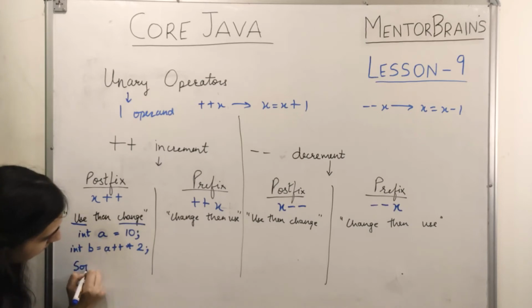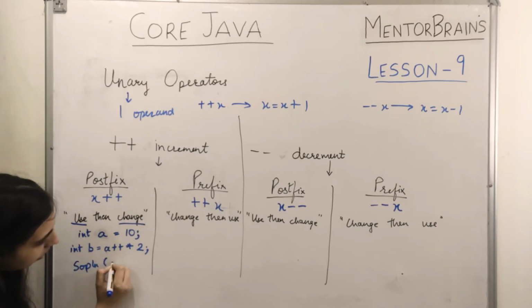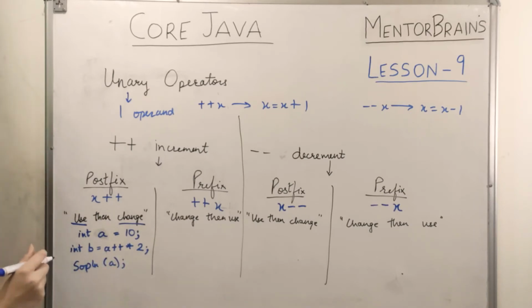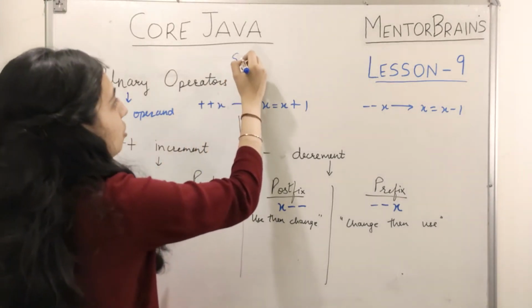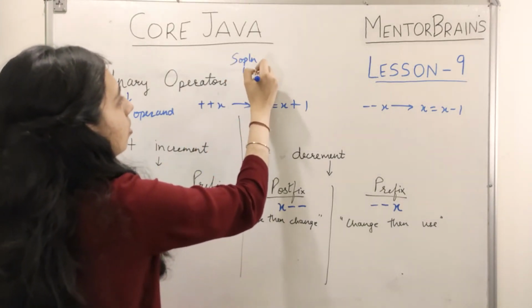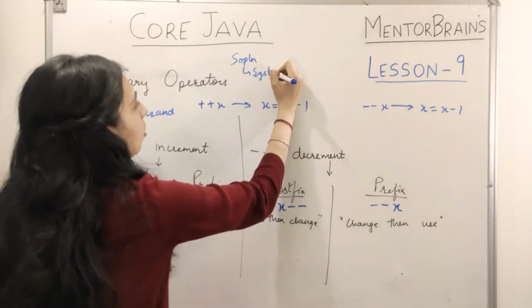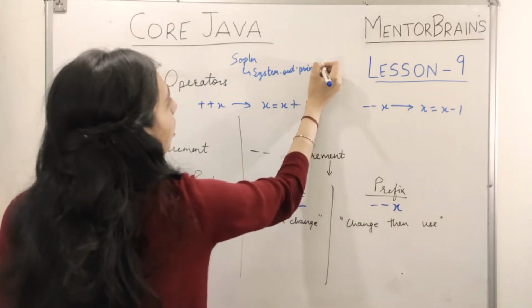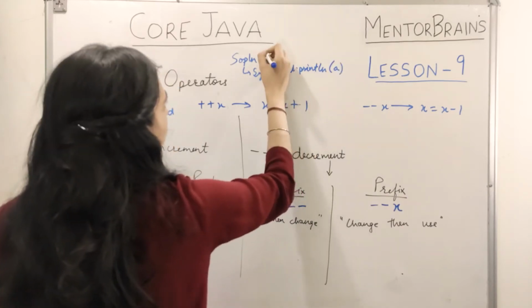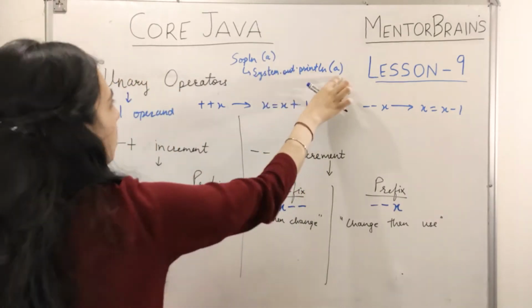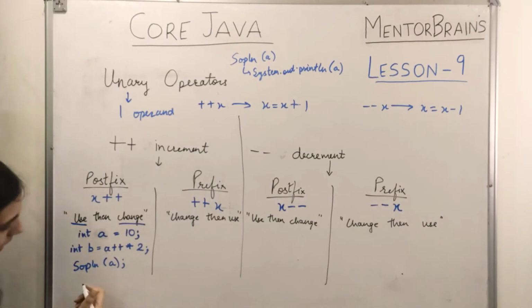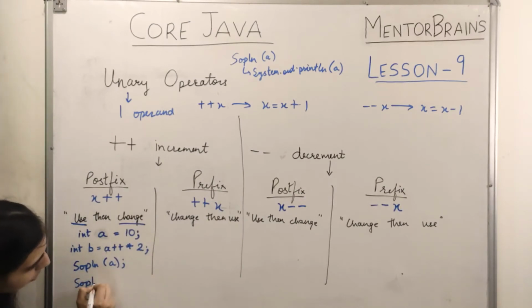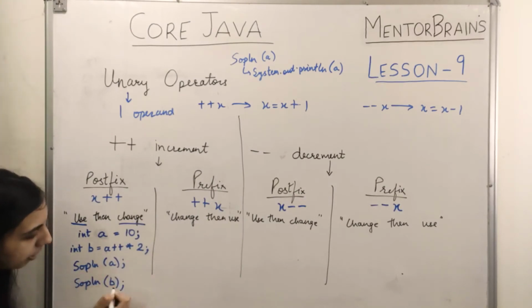Now I am printing them. SOPLN is something I'm using as a short form for system.out.println, because I don't have space here, so I'll be using it in my further code. So SOPLN a, then SOPLN b, printing both a and b.